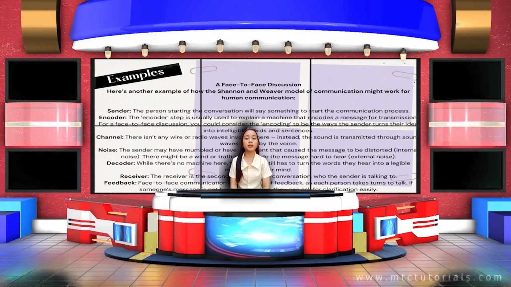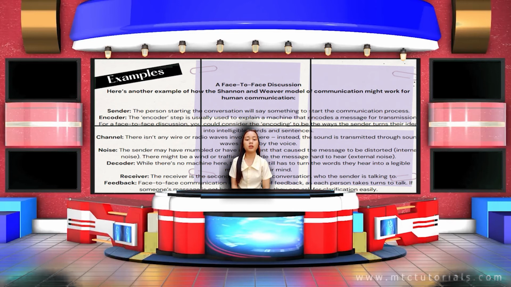A face-to-face discussion is another example of how the Shannon-Weaver model of communication might work for human communication. Sender. The person starting the conversation will say something to start the communication process. Encoder. The encoder step is usually used to explain a machine that encodes a message for transmission.